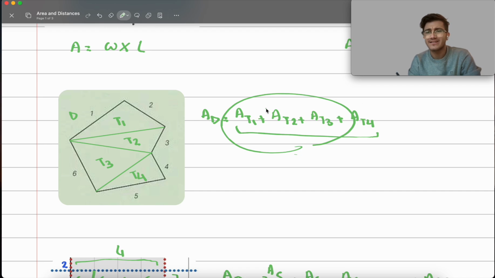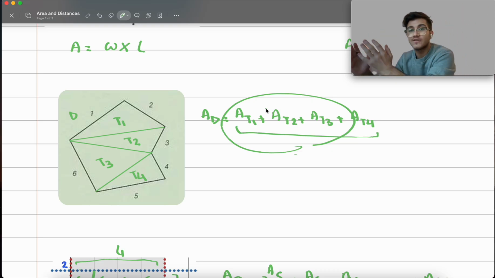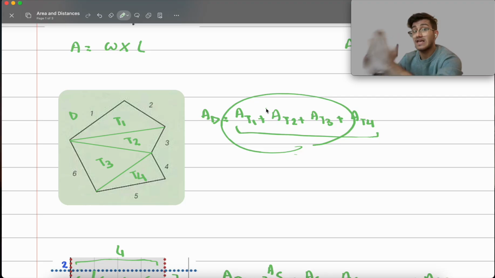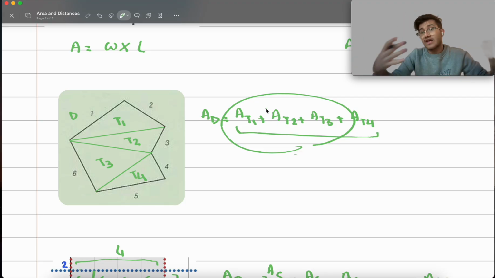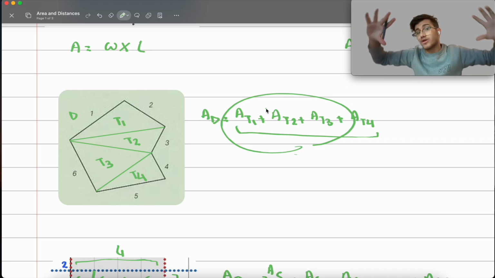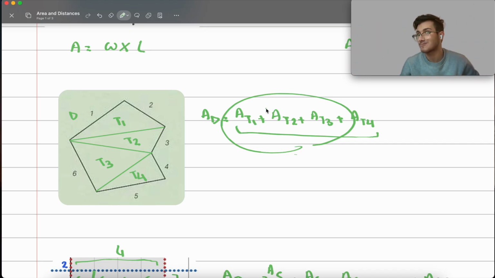I can divide a whole area for which I can't find a formula into many shapes whose areas I can calculate, and by adding those together, I get the area of the whole shape that I can't find a formula for.